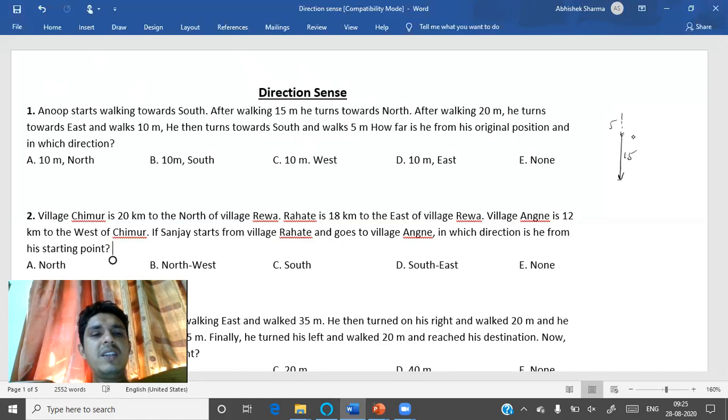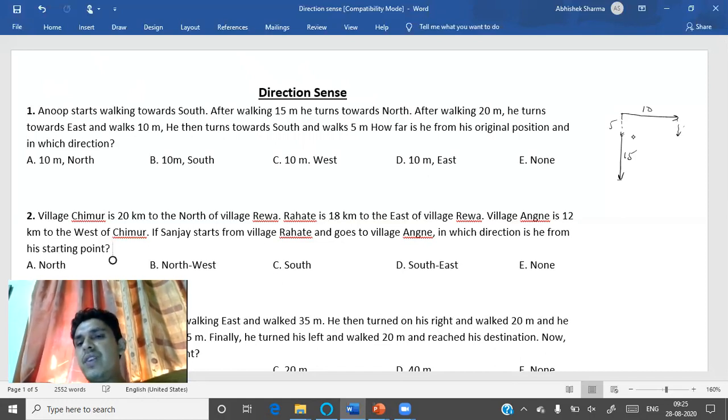He turns toward east and walks 10 meter. That means from this point he turned toward east and walks 10 meter. So this is the point. He then turned toward south and walked 5 meter. So this can be the situation, 5 meter in the south direction. The question is how far is he from his original position and in which direction?